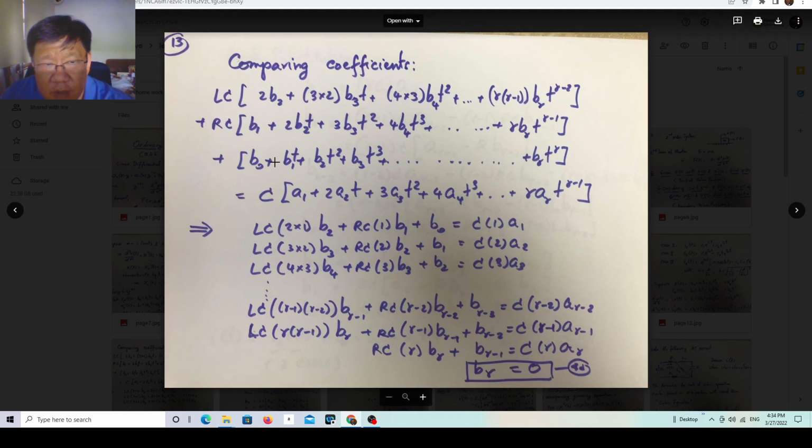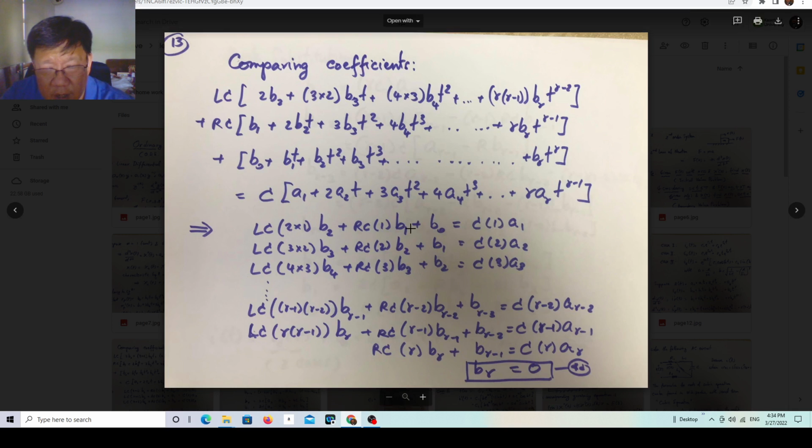Let's look at the constant term first, the term that has no multiplication with any t or t square up to t square. You have 2 times LC, okay, 2 times 1, times LC. And the second term is R times C, times 1, times b1, and then plus b0, equal to C times 1 times a1.